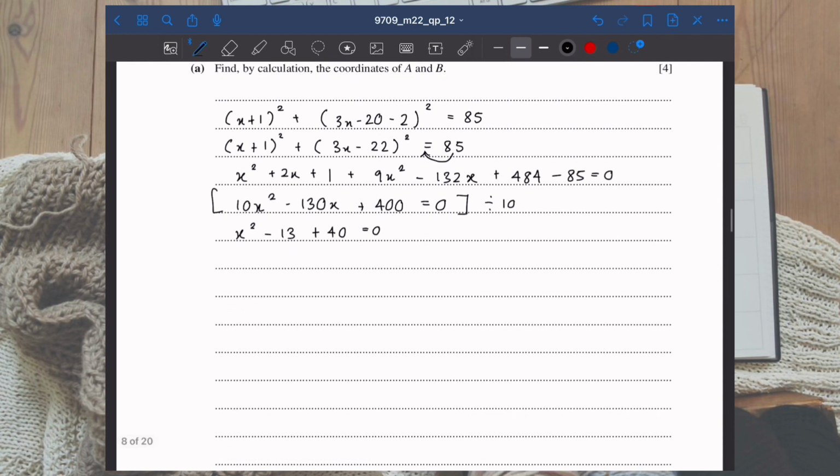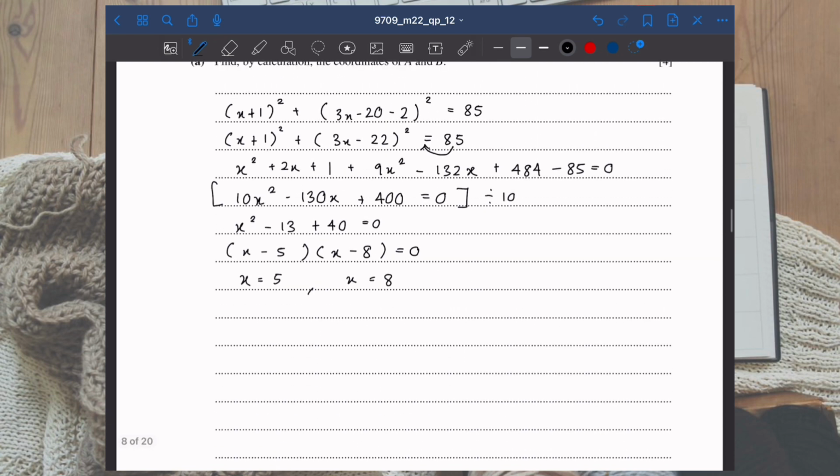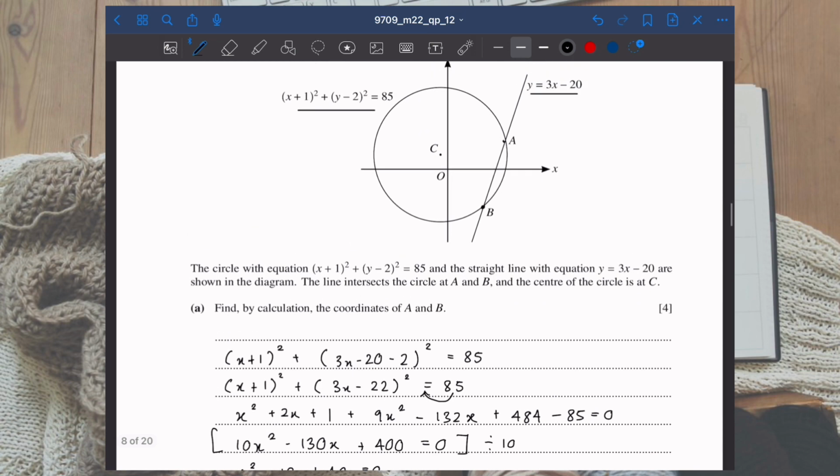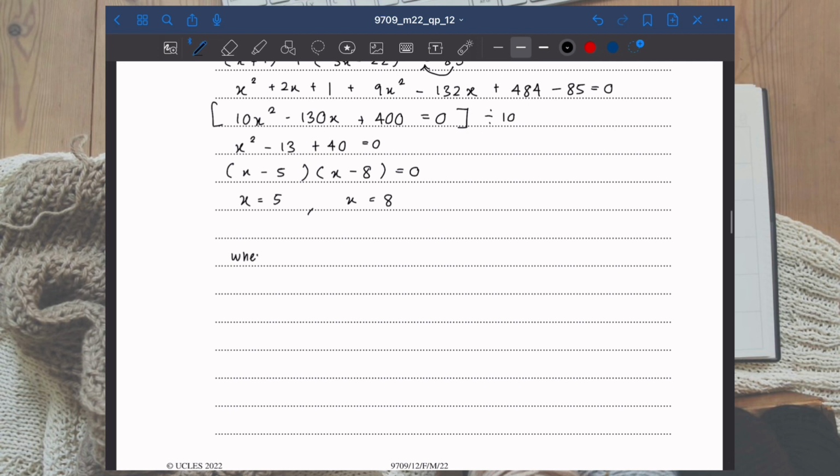We can factorize this equation to get (x minus 5)(x minus 8). Your x coordinates will be x equals 5 and x equals 8. Substitute these values of x back into our straight line equation. When x is 5, y is 3 times 5 minus 20, which is negative 5.